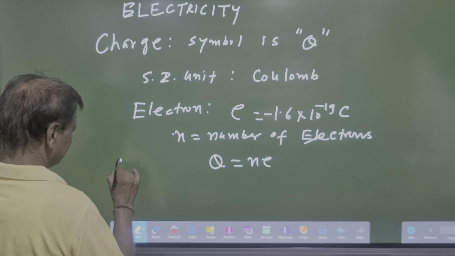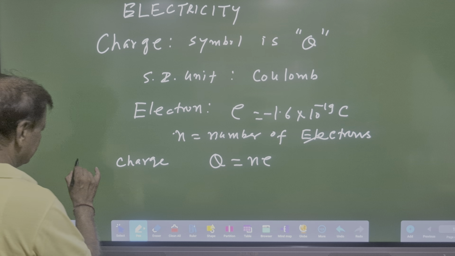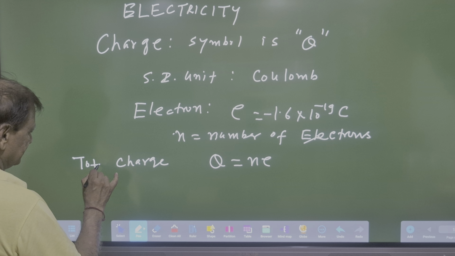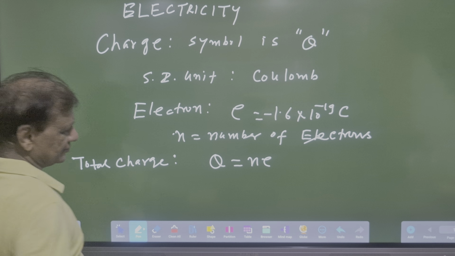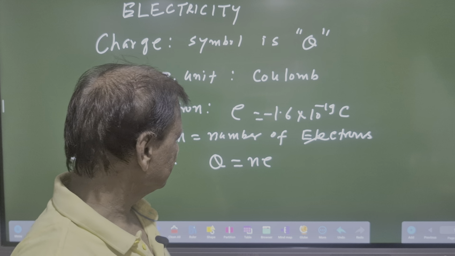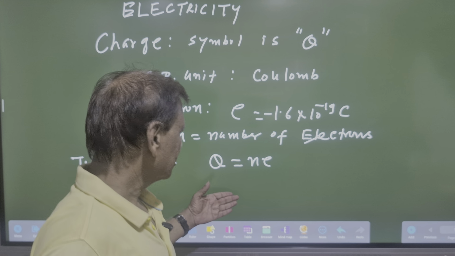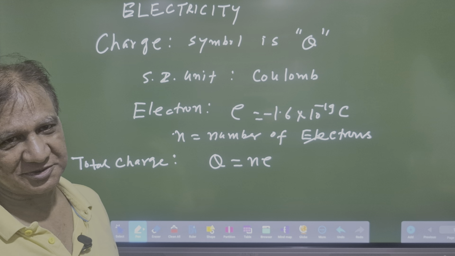Q is total charge. So total charge is the number of electrons and the charge on each electron. So I hope you understood about charge.